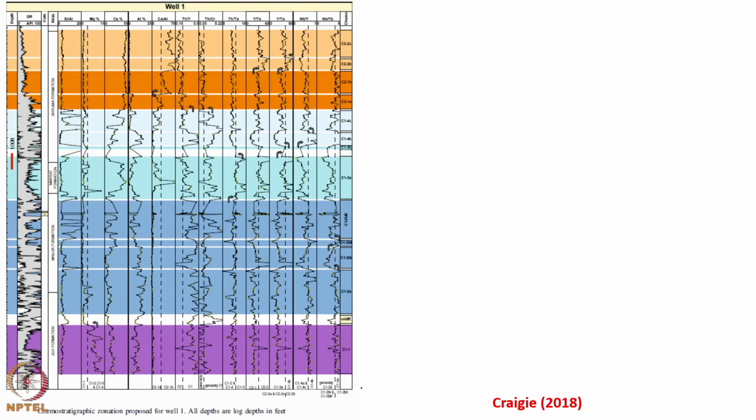This is a chemostratigraphic zonation given for a well where the Si by Al ratio, Mg%, Ca%, Al%, Ca by Al ratio, Th by Y ratio, Th by Cr ratio, Th by Ta ratio, Y by Ta, Nb by Y and Nb by Yb are plotted. Here are the GR values and the depths. The different formations are presented here.